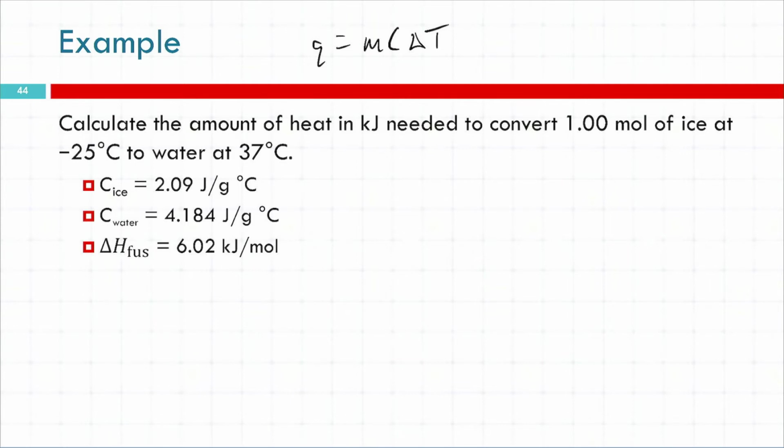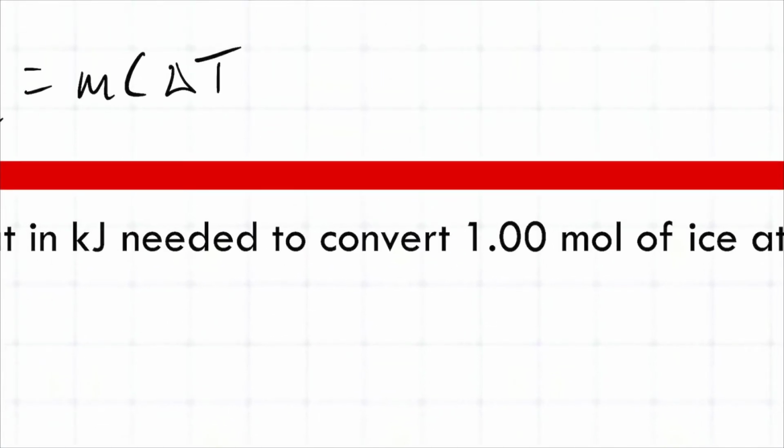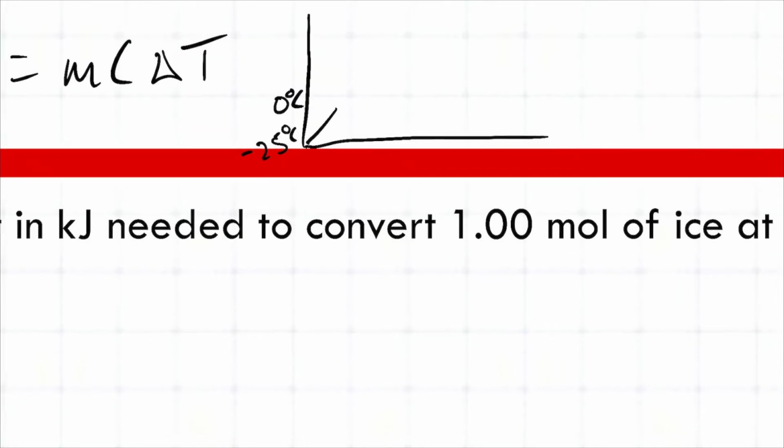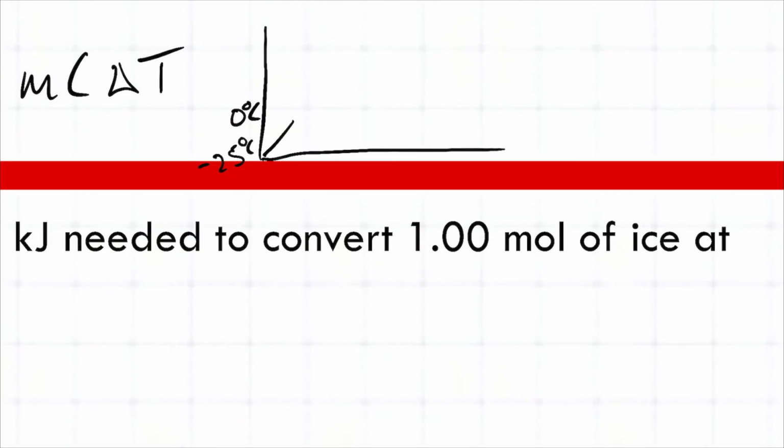Let's calculate the amount of heat in kilojoules needed to convert 1 mole of ice at negative 25 degrees C to water at 37 degrees C. This question is a little bit tricky. You have to remember that we're going to have this curve. We're starting at negative 25 degrees C and going up to 0 degrees C. Once we reach 0 degrees C, our equation changes.